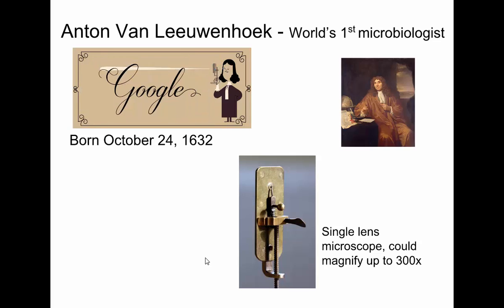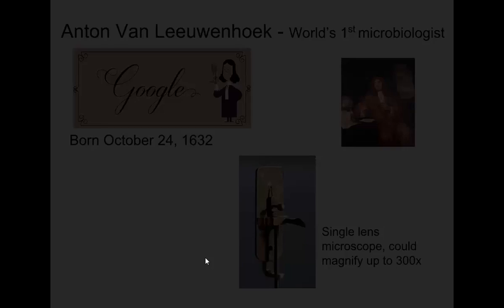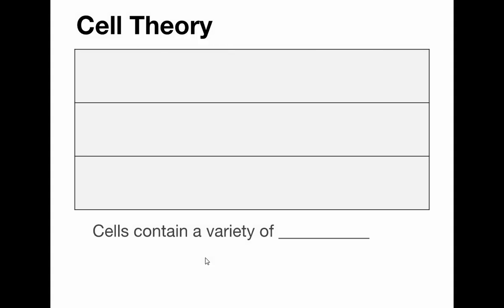Leeuwenhoek and Hooke and other scientists started to build up our knowledge about cells. And today we have this overall concept of cells called the cell theory. It has 3 parts that you have to know, 3 statements that go along with it. So cell theory says, first of all, life is made up of 1 or more cells.